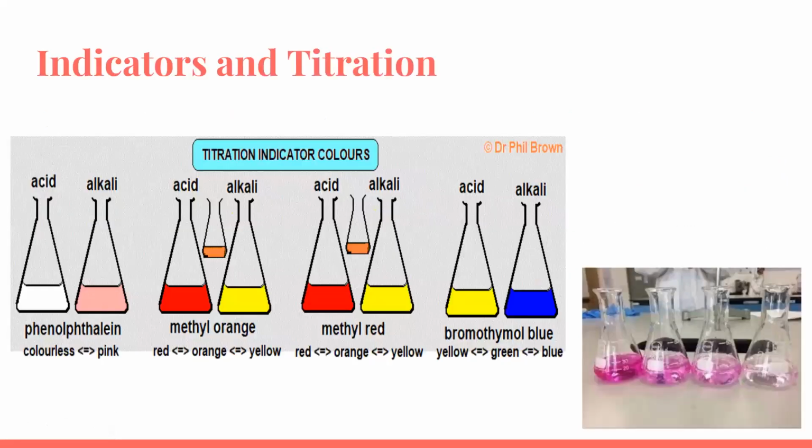So what they do is they add a few drops of indicator, something like this, that would be a specific color in acid and a different color in base. Let's say they add phenolphthalein to an acid, right? It's colorless. As you start adding base, it changes to pink.